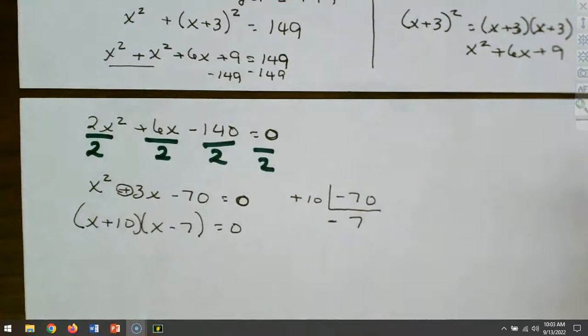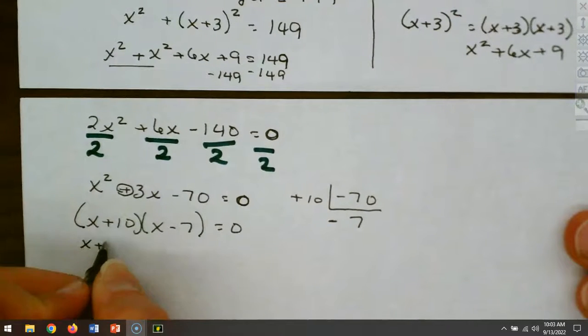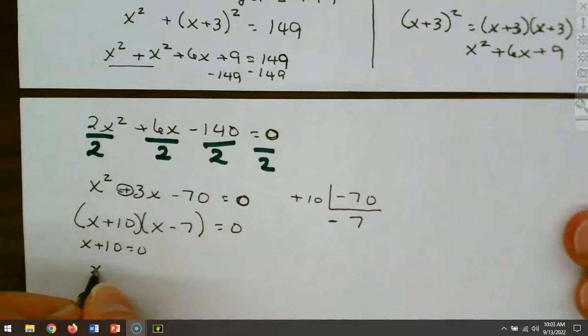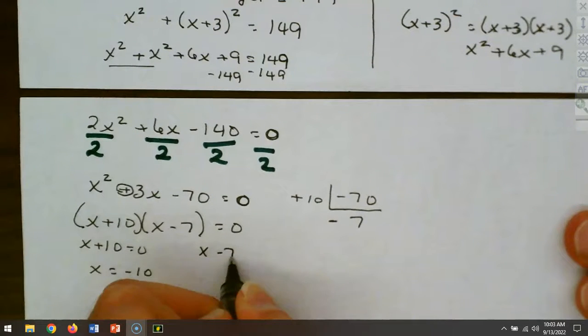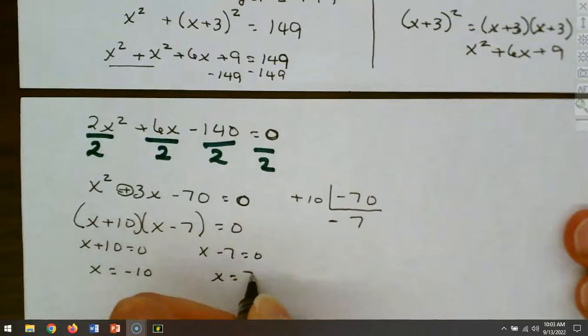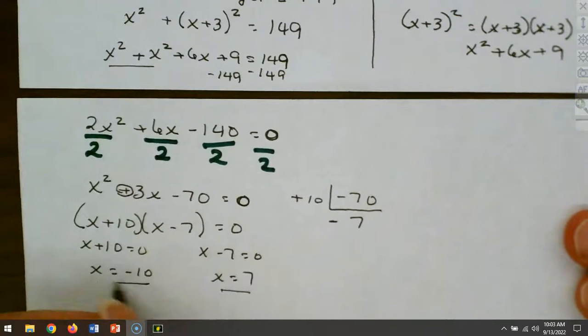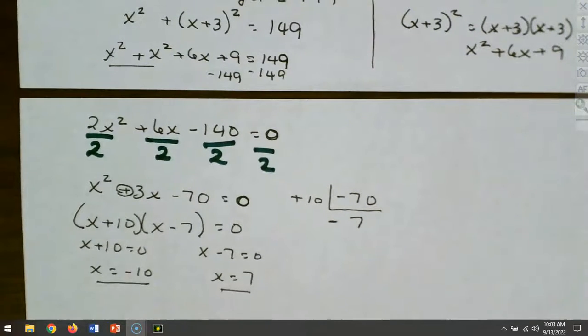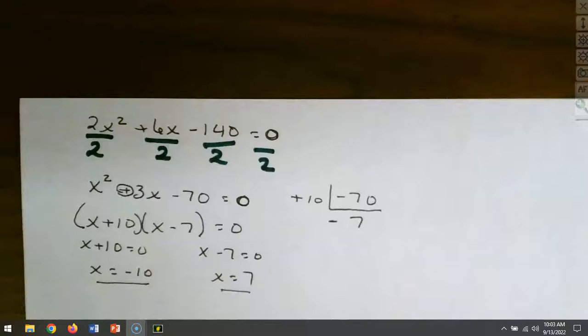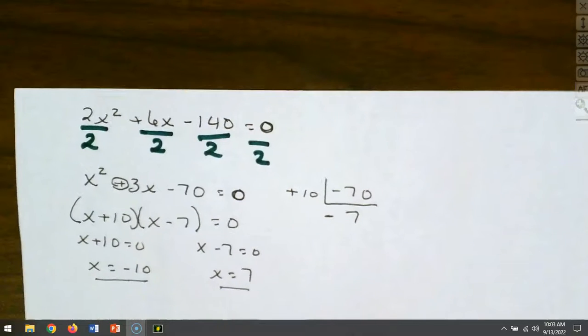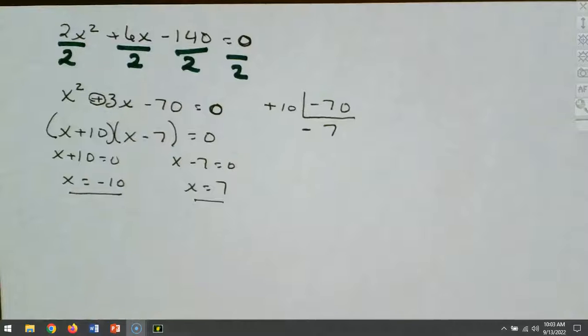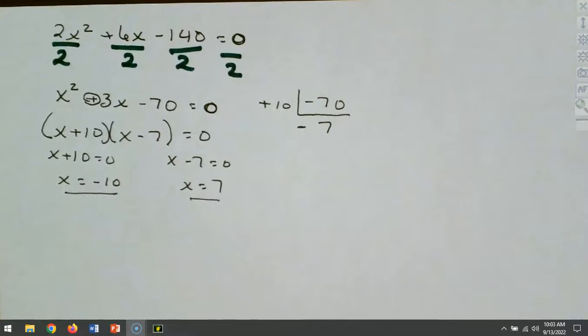Okay, and x plus 10 equals 0, so x equals a negative 10. x minus 7 equals 0, so x equals a positive 7. Now, what do we know? Why can we get rid of the negative 10? Why is that one not going to be a legitimate solution? It's not going to be a legitimate solution because we are looking at a geometric figure.